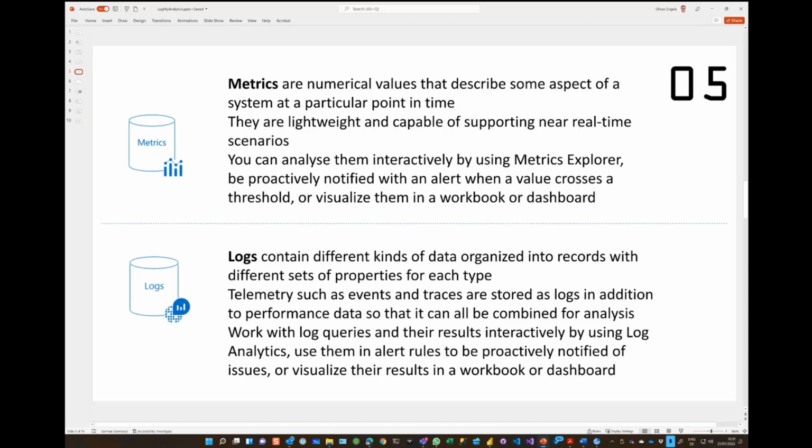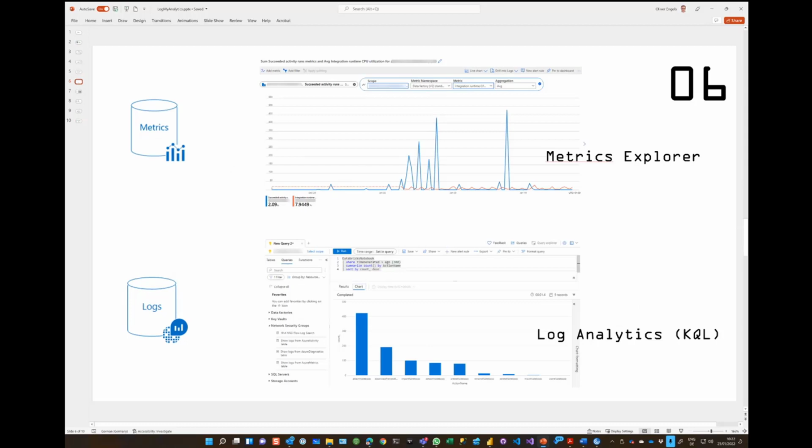Exactly this is the case here. You have the possibility to analyze in a certain kind of storage what happened. And for that, you have different applications within the Azure Monitor environment.